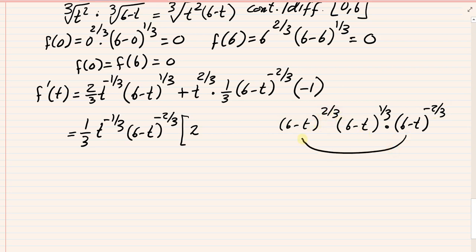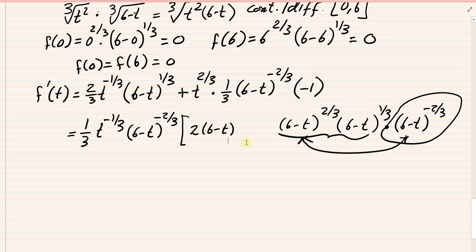See, now it's like multiplying by 1. And I'm factoring this out, right? So all that remains is (6 minus t) to 2/3 plus 1/3, which is just 6 minus t to the first power. So that's just going to be 2 times (6 minus t).